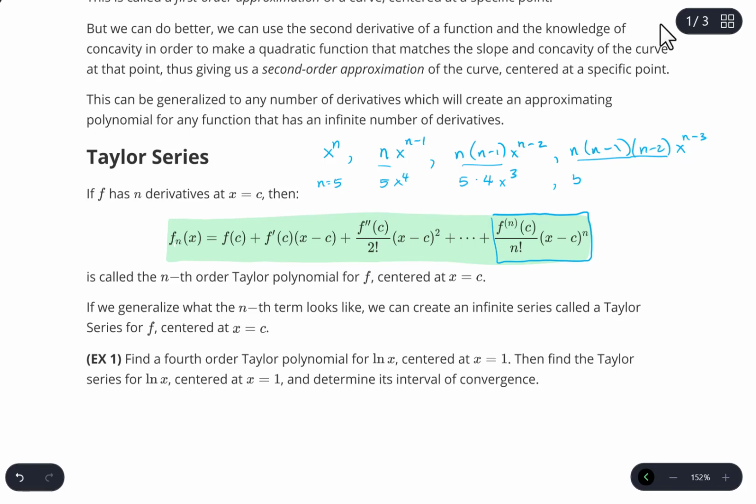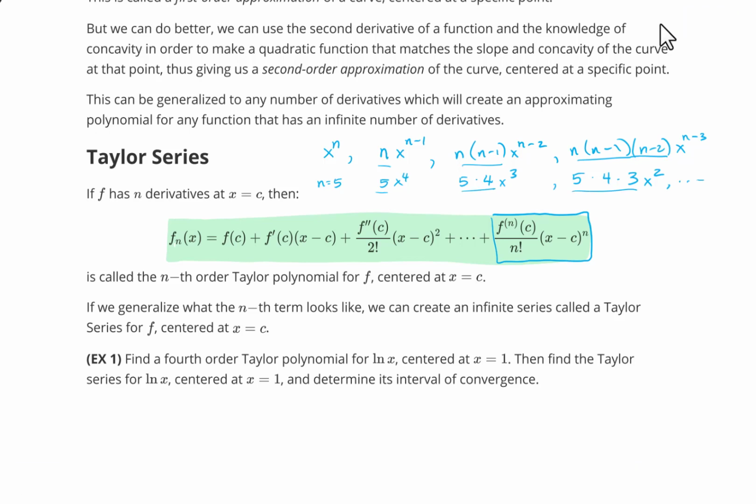And then we would have 5 times 4 times 3, x to the second, and so forth. You can kind of see these multiplying constants here. If you know anything about the factorial function, you can see that that's kind of where this idea is coming from. So that's why the factorial's in the denominator, or at least an idea of why that's there.